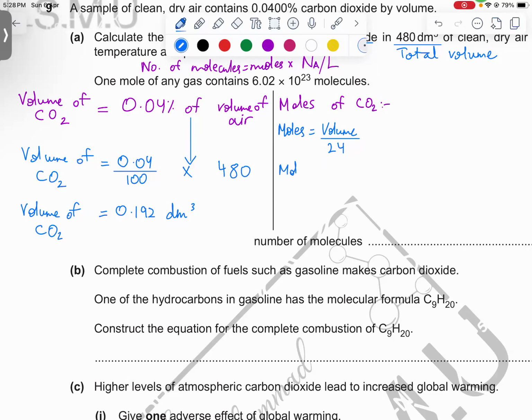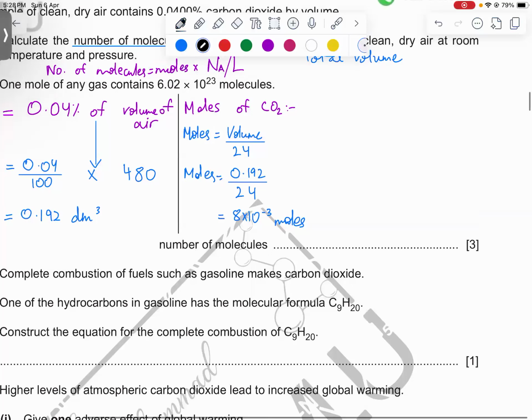So moles equals 0.192 divided by 24. What will be our answer? 8 × 10^-3. We get 8 × 10^-3 moles. All right. So these are the moles of CO2.